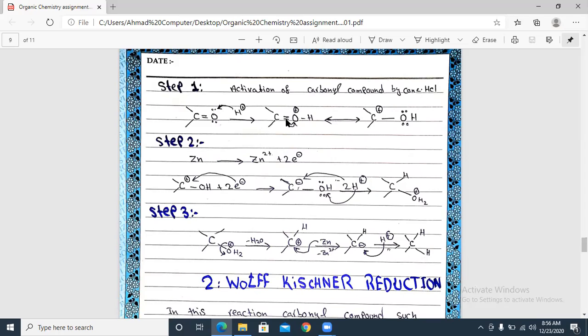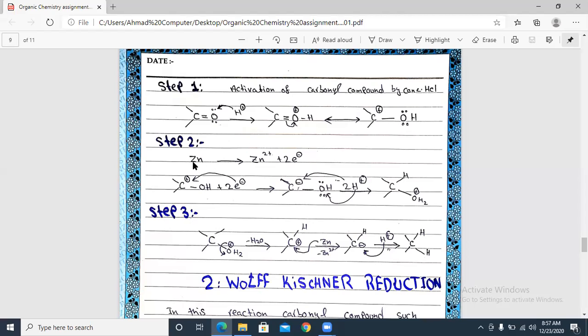The pi bond of the carbon-oxygen double bond shifts onto the oxygen, and we get this structure, called a carbocation.